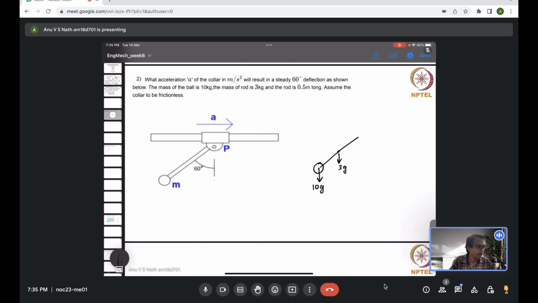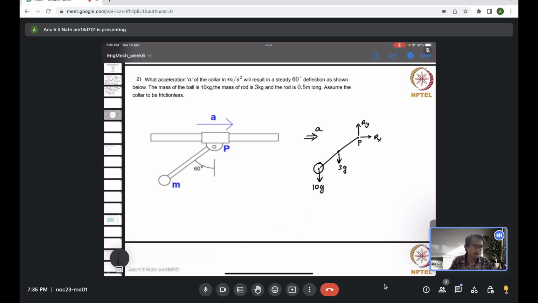At point P, it is connected to the collar by a pin joint. A pin joint can support two reactions, Rx and Ry. Now the system is accelerating with an acceleration A in the horizontal direction x.